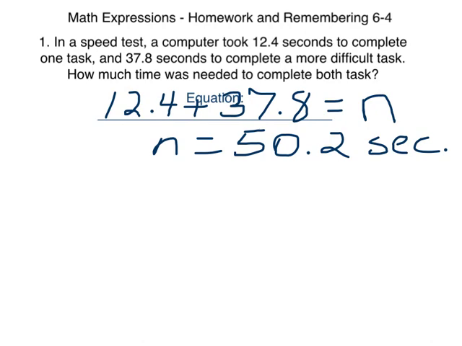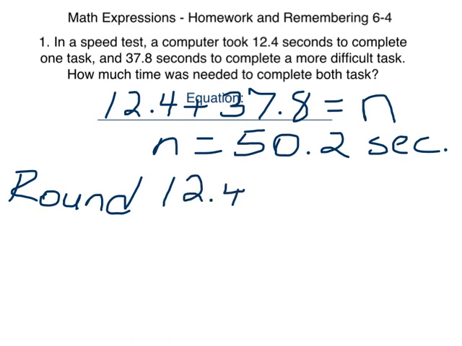Now the next part of question number 1 asked us to estimate. This is a very, very important skill to have to make sure our answer is reasonable. So if we round our first addend of 12 4/10, what are we going to round it to? Round 12 4/10 to 10, because it's closer to 10 than 20.